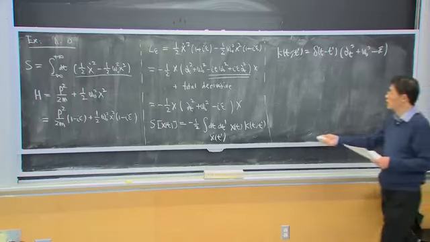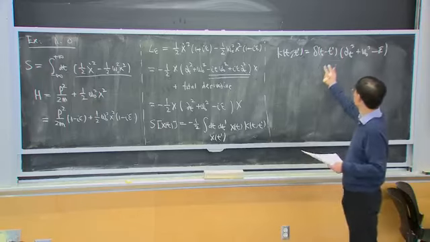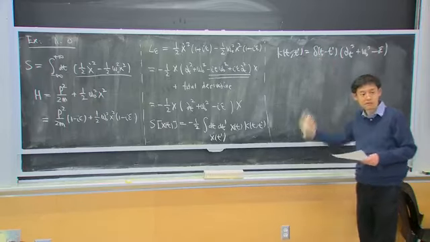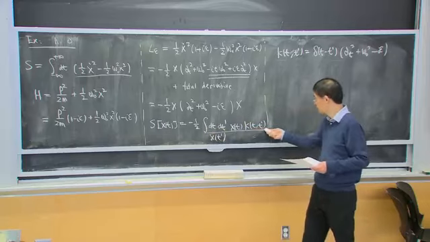Again, we just introduce another t prime and a delta function. And now we have a matrix form. This action has a matrix structure.